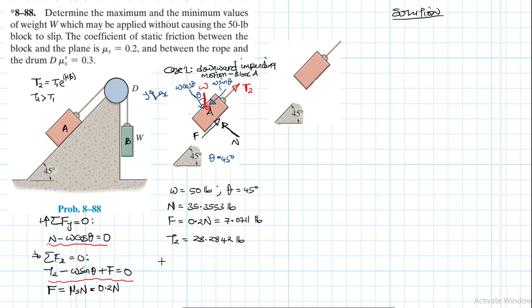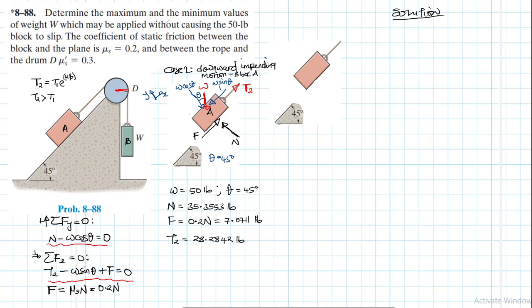Let's just calculate it. So using our equation, T2 is equal to T1 e, which is the base of natural log, to the power mu times beta, and beta is the angle over which the rope is in contact with this cylindrical drum. So if this is our center here, let's find what beta is.